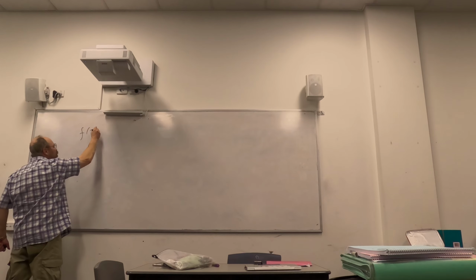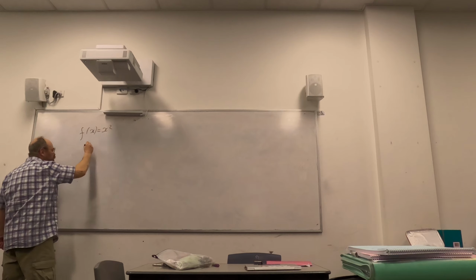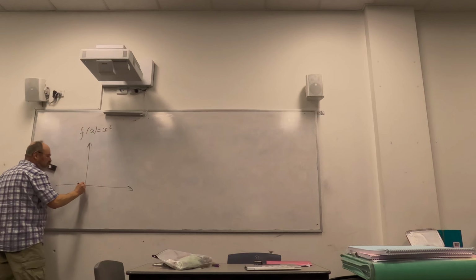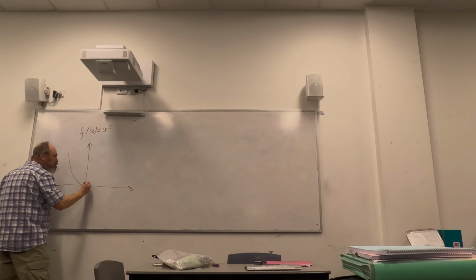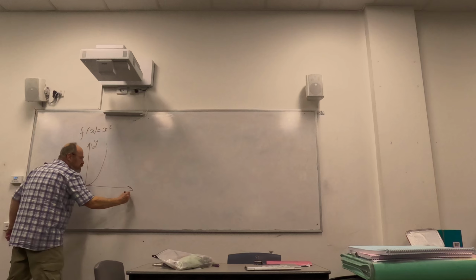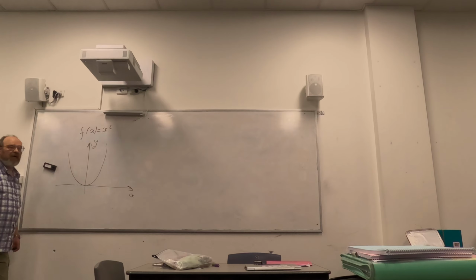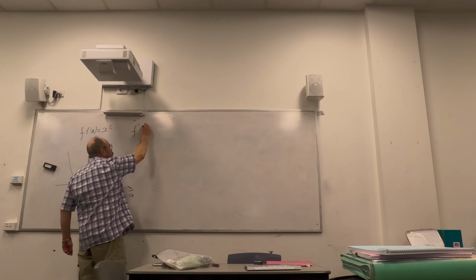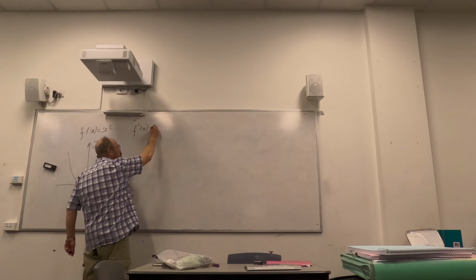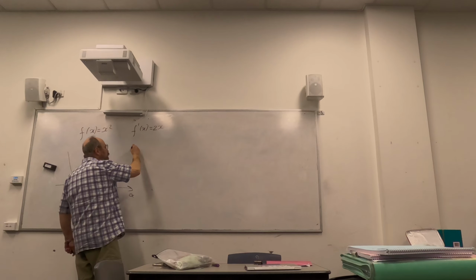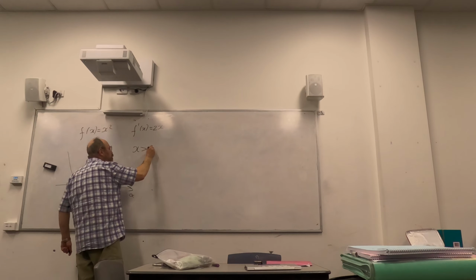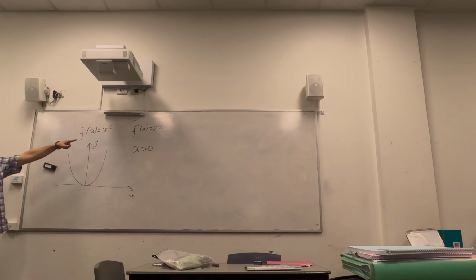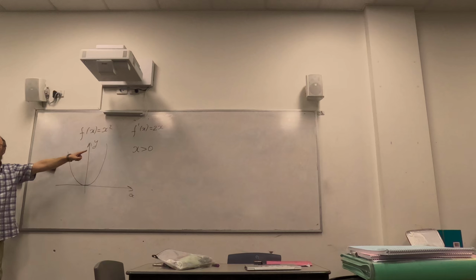f of x equals x squared, and you all know this graph very well, just a basic parabola, y against x, and let's find the derivative. f dash of x equals what? 2x. Now, when x is greater than 0, will the derivative be positive or negative?